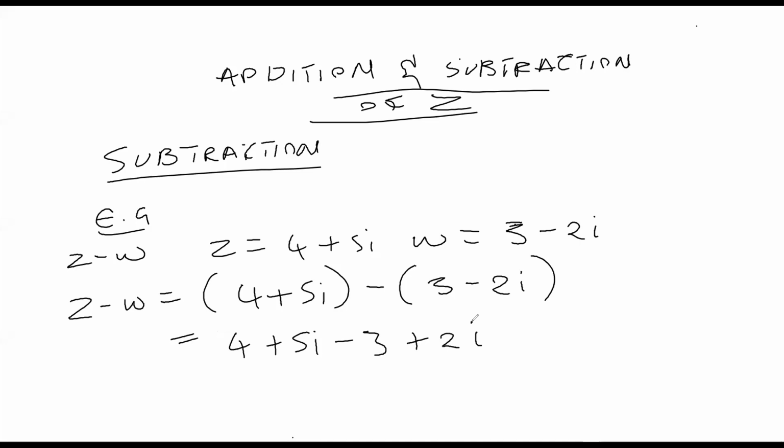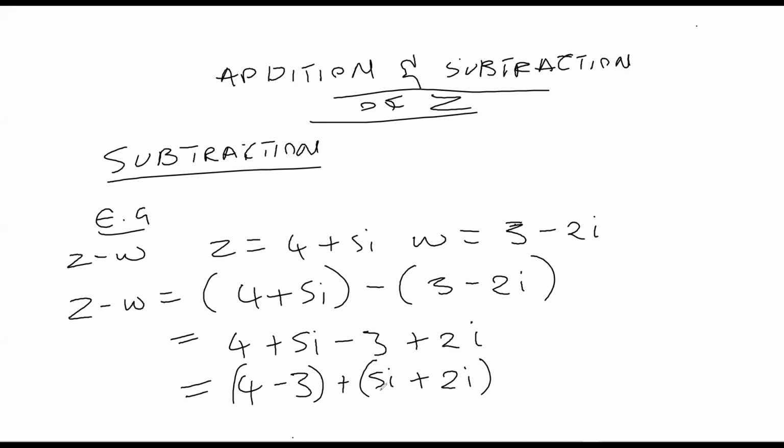So we're going to have 4 minus 3, then plus 5i, then plus 2i here.